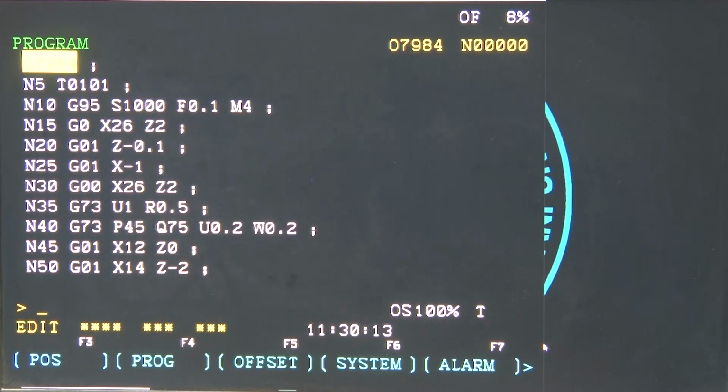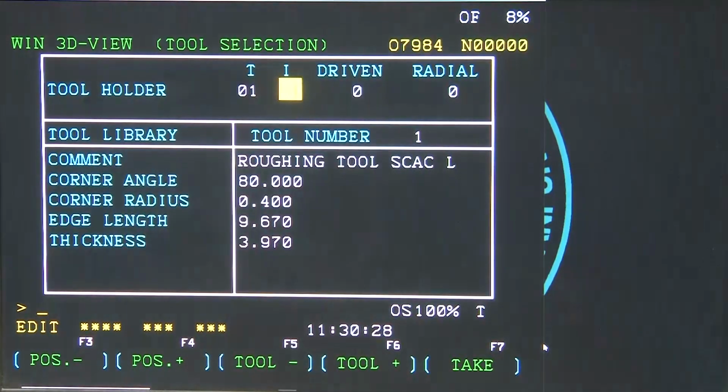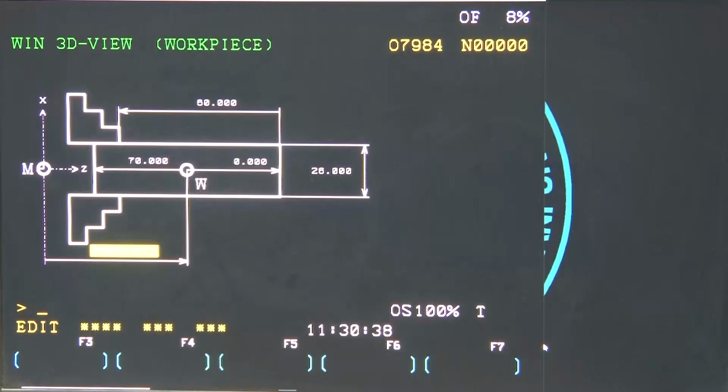Now, this can be simulated. All right. For simulation, the entire program is given as an input, and the various factors are selected in the simulation program. And see here, what you can see is the blank, already simulated.